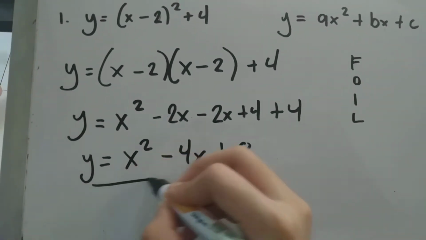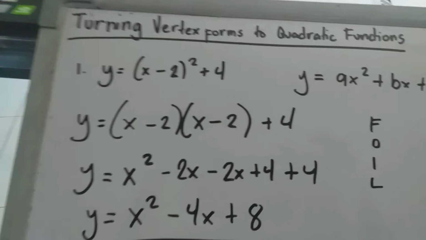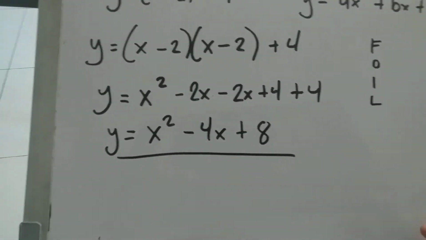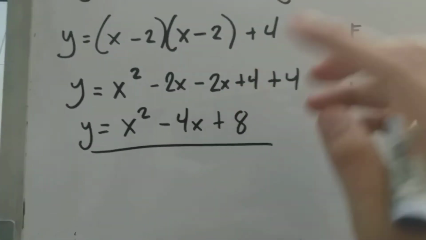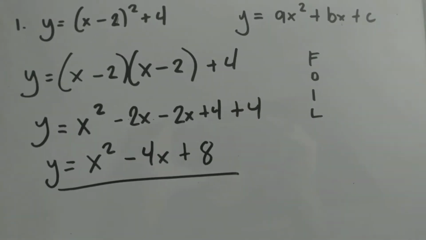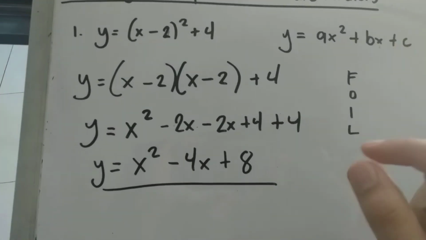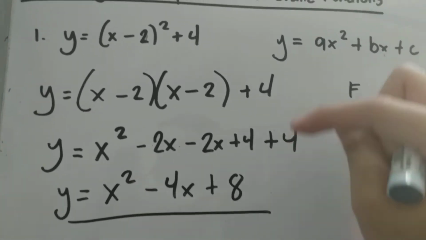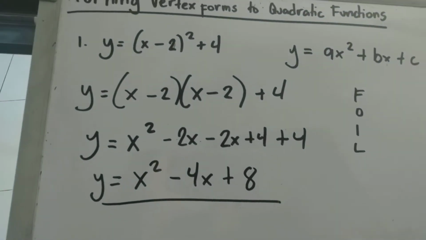And this is the quadratic function of this vertex form. If you want to check, you can use the other formulas that I discussed a while ago, and that should revert back to this. So yeah, that's actually it.